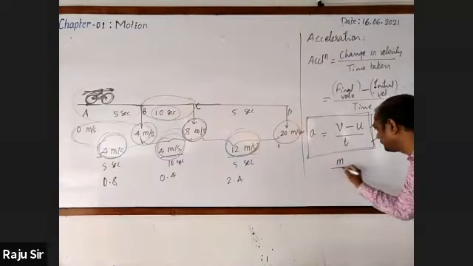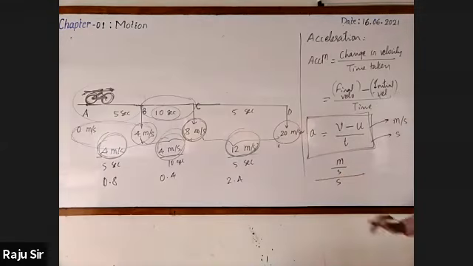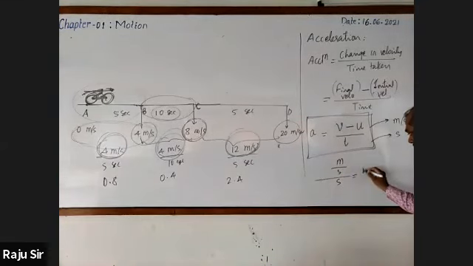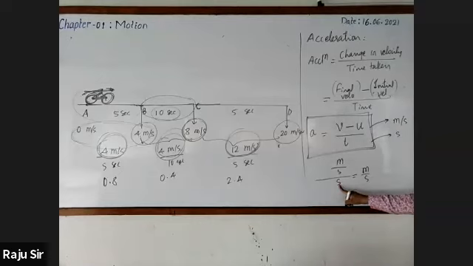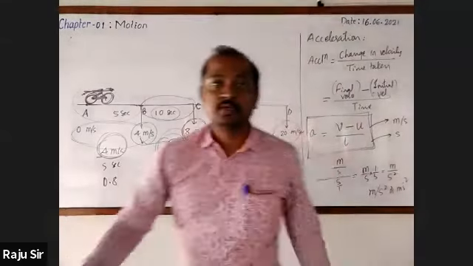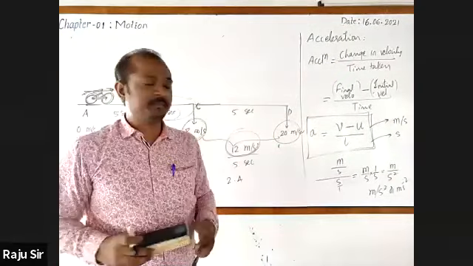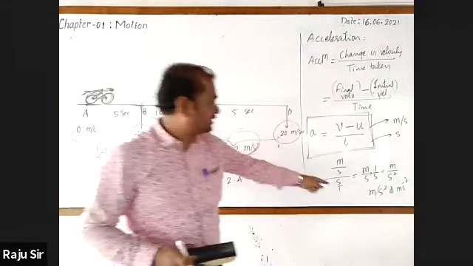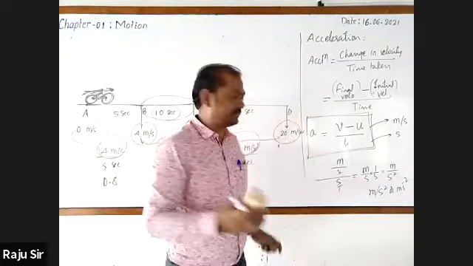Here, meter per second whole divided by second. Here the denominator is S; take its reciprocal, 1 by S. It is equal to M by S square. This can be written as meter per second square, and can also be written as m s to the power -2. So the SI unit of acceleration is meter per second square.